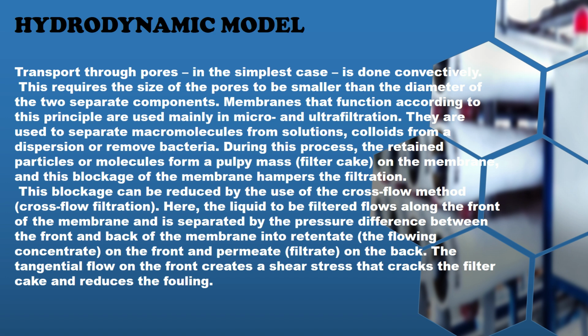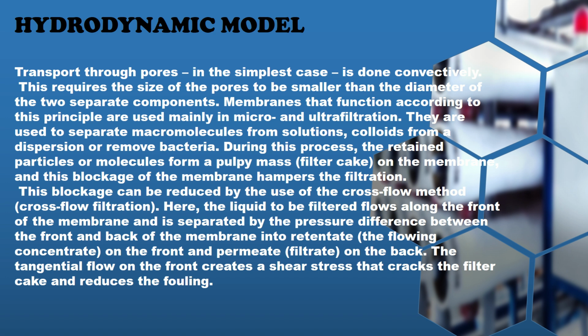During this process, the retained particles or molecules form a pulpy mass that is called a filter cake on the membrane, and this blockage of the membrane hampers the filtration. This blockage can be reduced by the use of the cross-flow method, that is cross-flow filtration.